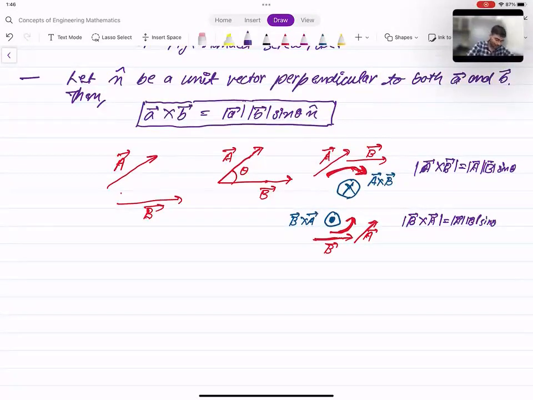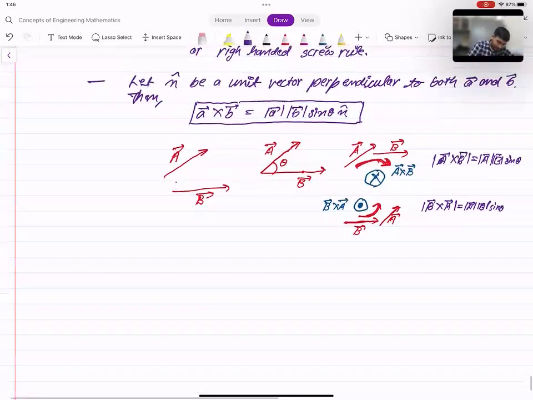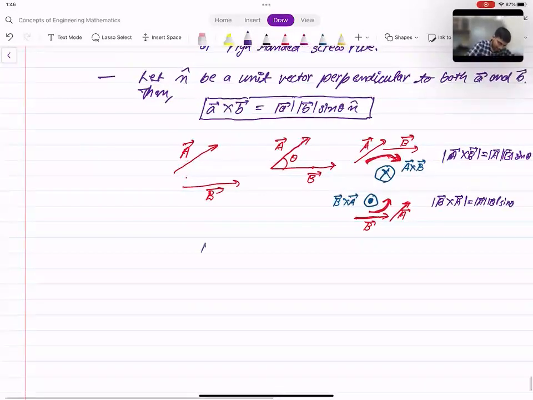So what does this mean? It means that B cross A is nothing but negative of A cross B, because the magnitude was the same, only the direction got reversed.